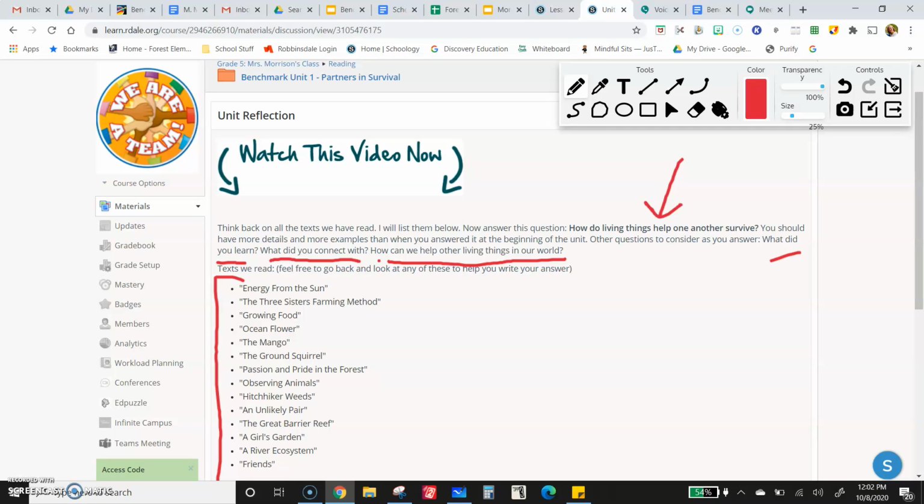So really try to draw some examples from An Unlikely Pair of Friends, or a river ecosystem talking about that food chain, or when you read about the Three Sisters farming method, or the ocean flower gave an example of living things helping one another survive. So there's all sorts of examples that you read about in the stories. So really draw on that as you write.